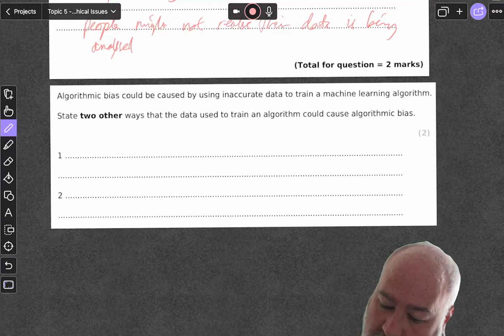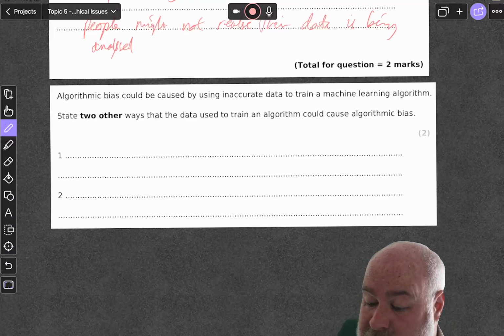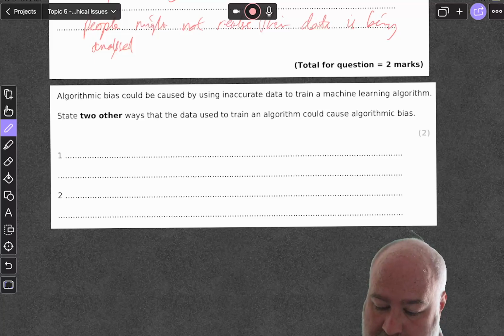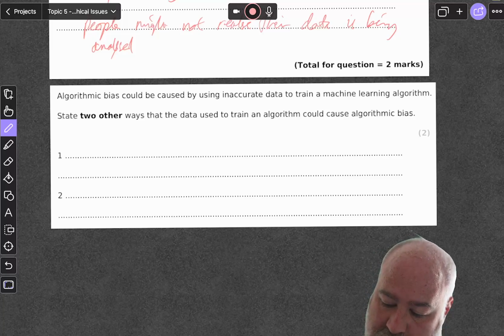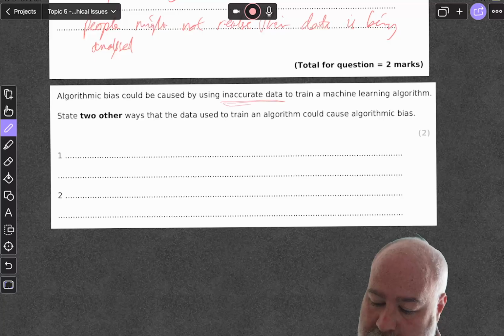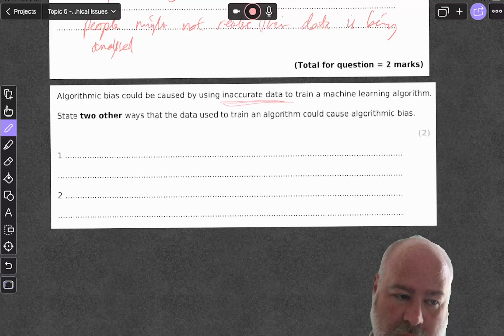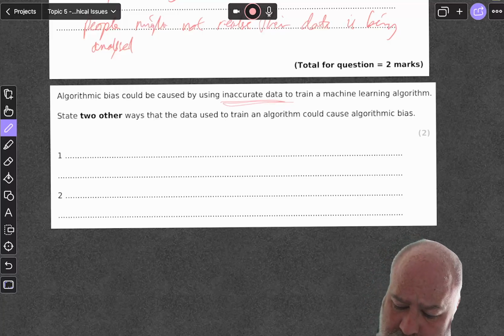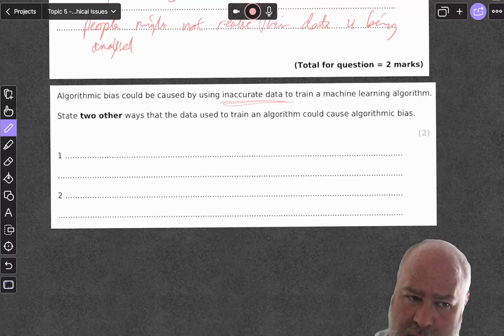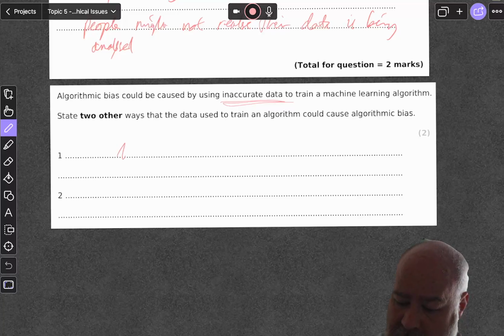Algorithmic bias could be caused by using inaccurate data to train a machine learning algorithm. So state two other ways that data used to train an algorithm could cause algorithmic bias. So it's given you one, so you need to come up with two more. And just keep it simple. You could say inaccurate data, but also not enough data.